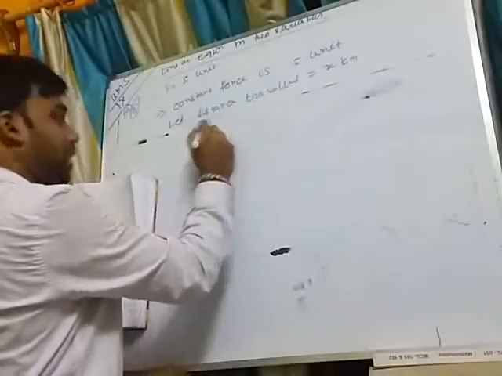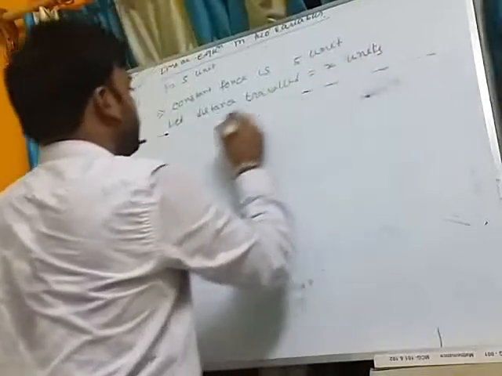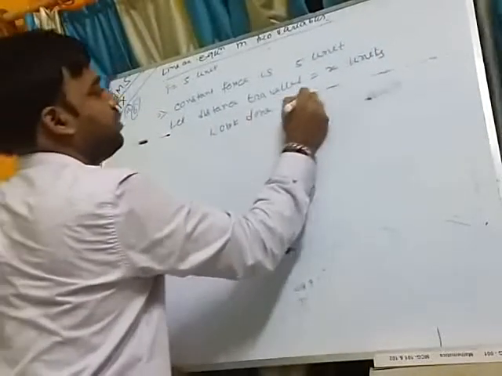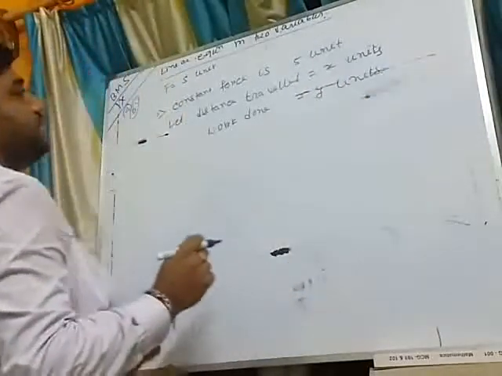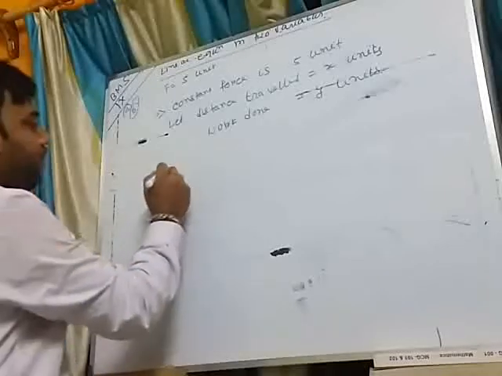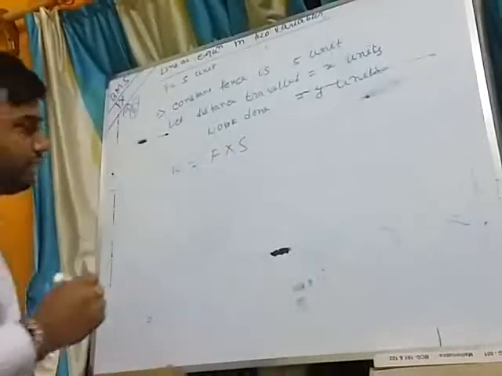Okay, it is displacement, but here it is taken as distance. And work done I am taking as y units. Okay, distance traveled is x unit and work done is y unit. So we have work done equal to force into displacement. That is the definition of work done.